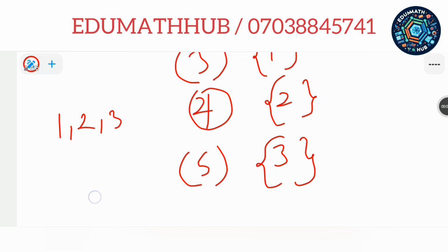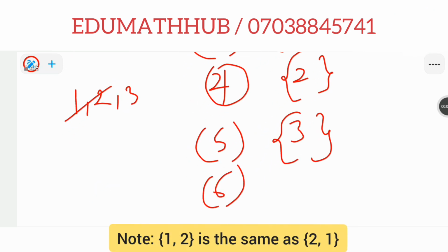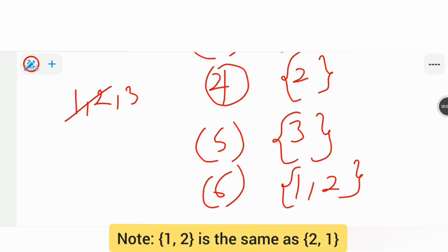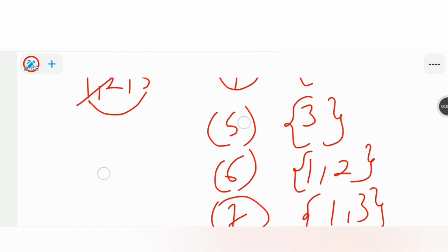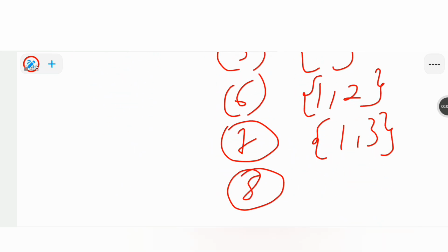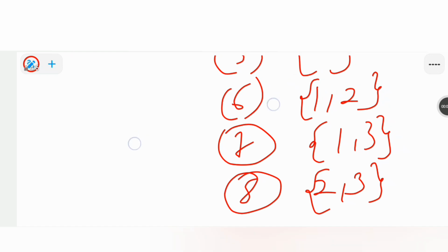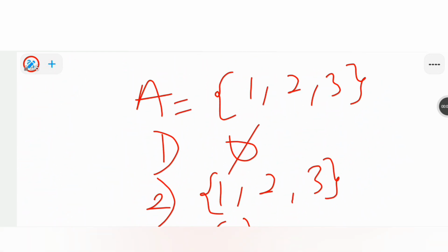So you pick them: 1, the next one 2, then you can pick 1, 2. Then you can pick 1, 3. Then the last one, you just pick 2 and 3. So these are the 8 subsets of the set A, if it has 3 elements.